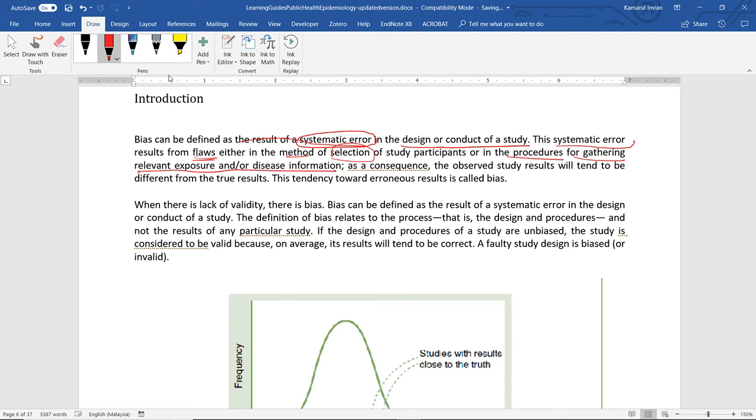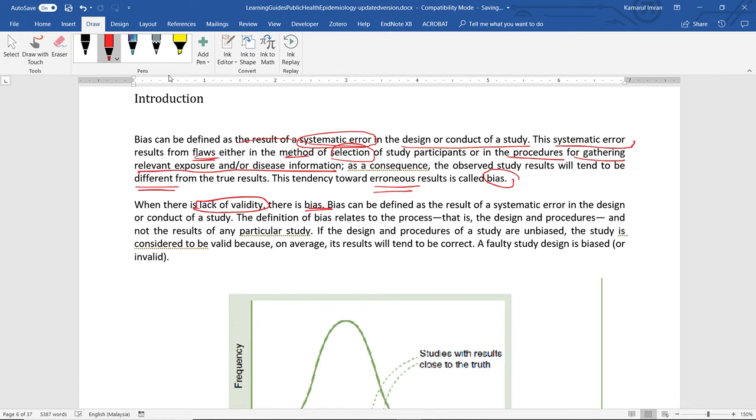Because of this, the results will tend to be different. So there is a tendency toward erroneous results, and this is bias. Bias means error. It does not give the correct results. So when there is bias, there will be lack of validity. It means that it is not completely valid.